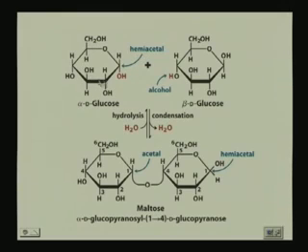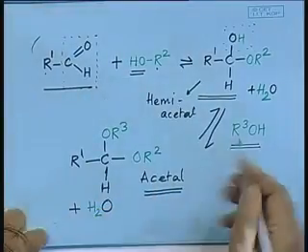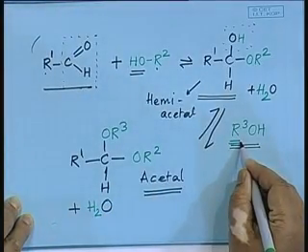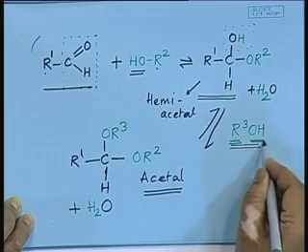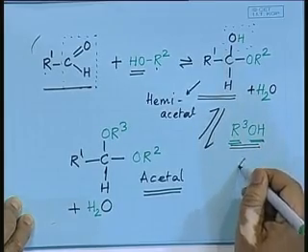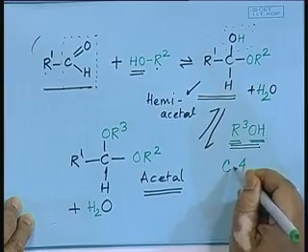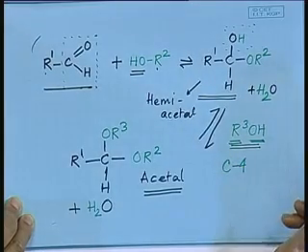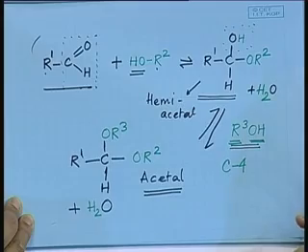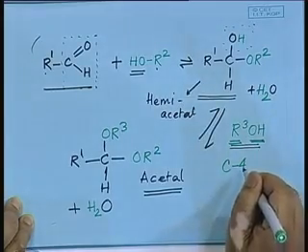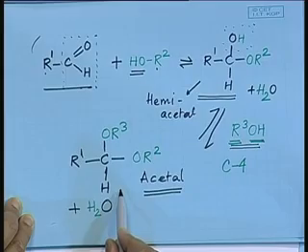This is a hemiacetal. It can still react with what I showed in the first diagram here, where we have an R3OH. So what is our R3OH? This is our R3OH, right? Which OH is this? This is the OH on the 4th carbon atom of another glucose moiety, another monosaccharide. So what can it then form? It can form an acetal, right?